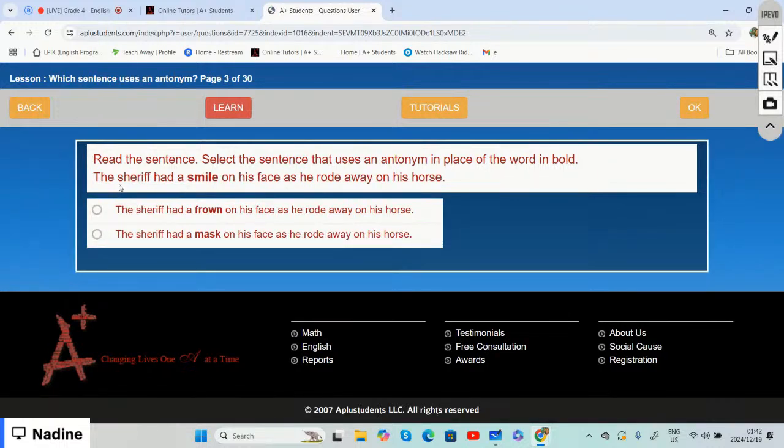All right, the sheriff had a smile on his face as he rode away on his horse. The opposite of smile. If you don't smile, is it option one, you frown, or option 2, mask? Which one is correct?